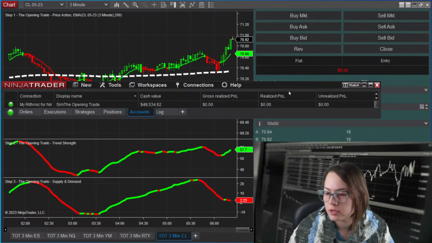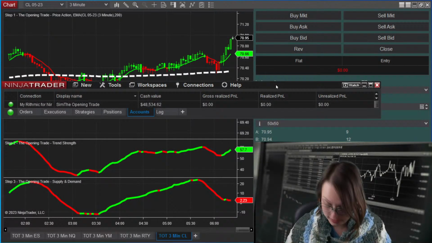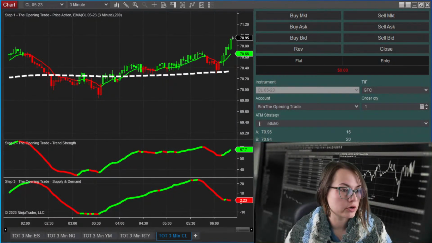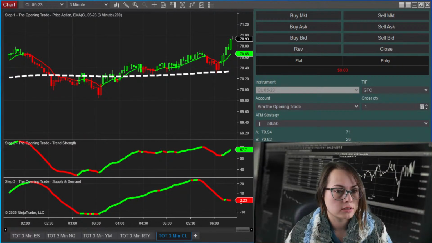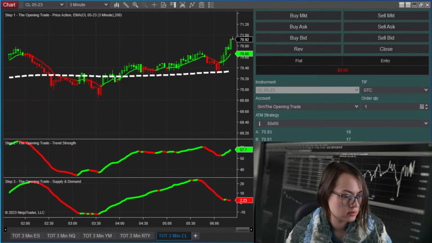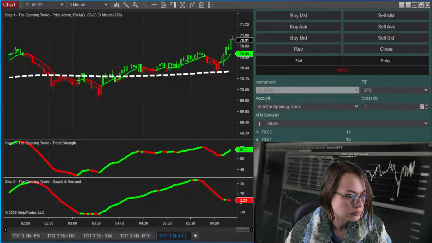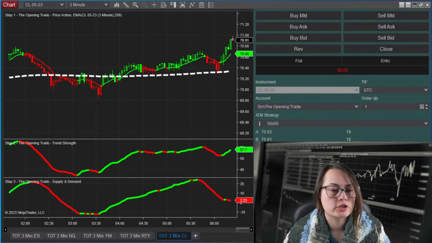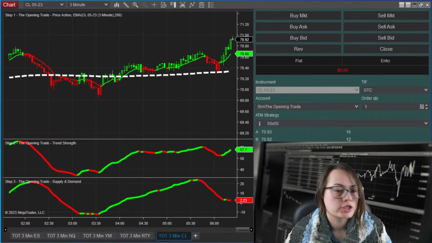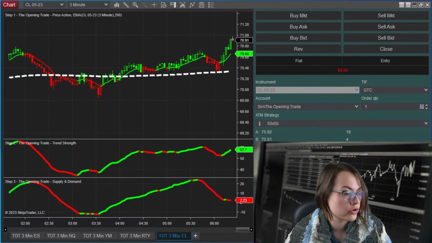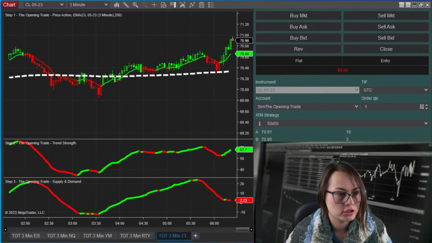Okay, so let's take a look at the backtest results for our four automated trading strategies that we could potentially see today. The first automated trading strategy will fire off 6 minutes after the New York Open, and that's going to be on the Dow Jones future.